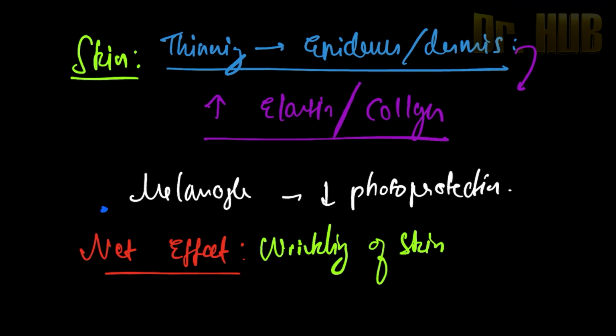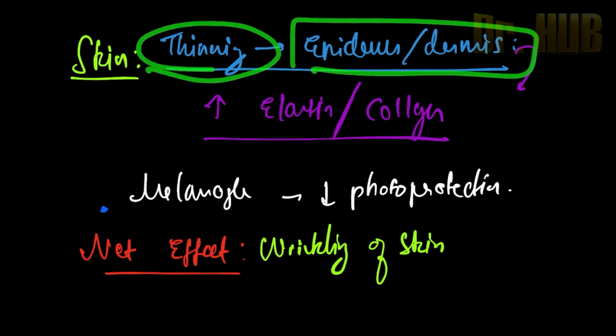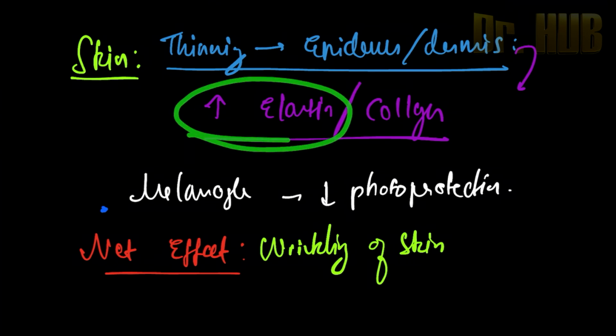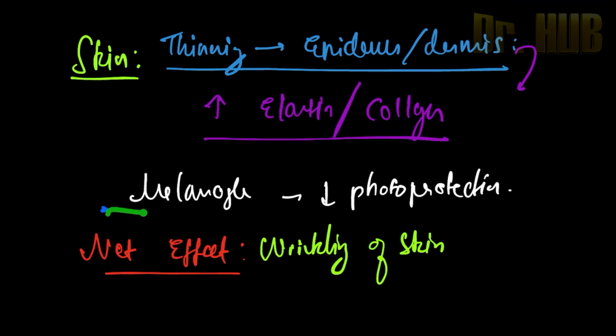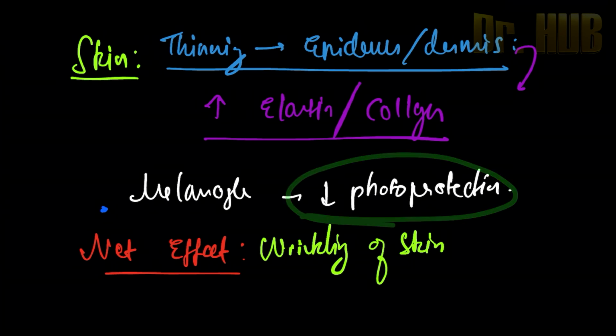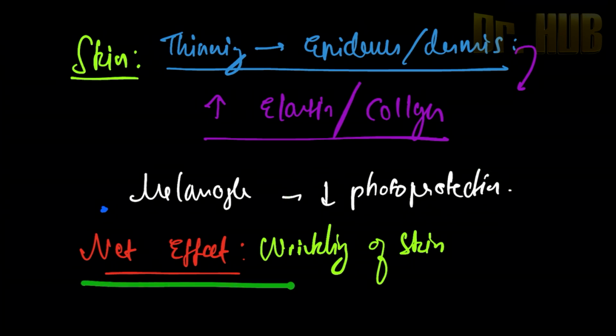So to recap, we saw the changes in the skin. There was thinning of the epidermis and the dermis, due to the change in elastin as well as collagen. In terms of melanocytes, there will be a decrease in photoprotection, and the net effect is wrinkling of the skin.